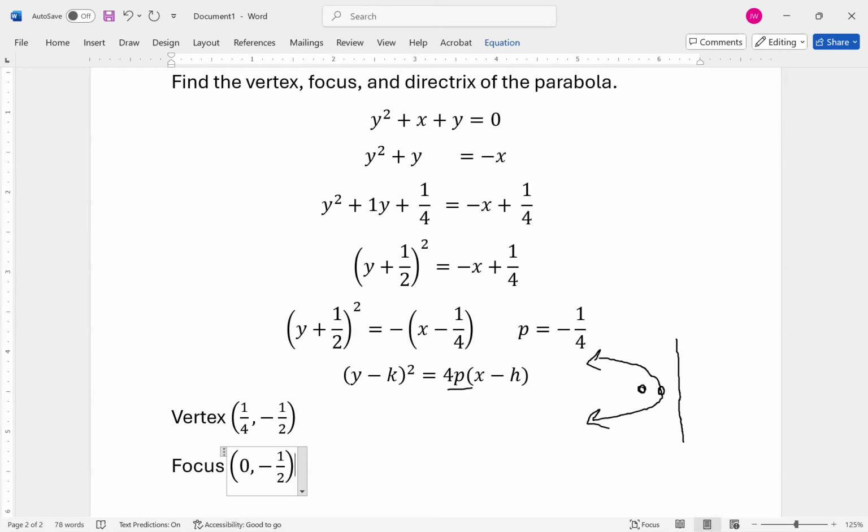My focus is at 0, comma, -1/2. And then my directrix, since it's a vertical line, it's going to be x equals. And I'm going to add 1/4 to the x value of my vertex. 1/4 plus 1/4 becomes 1/2.